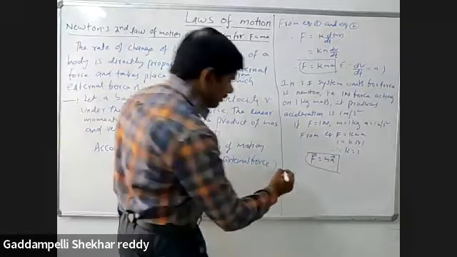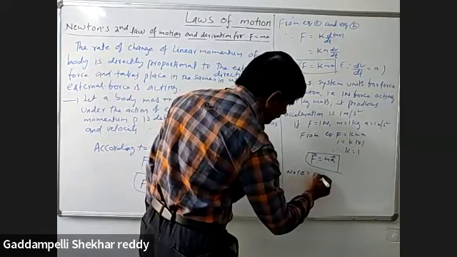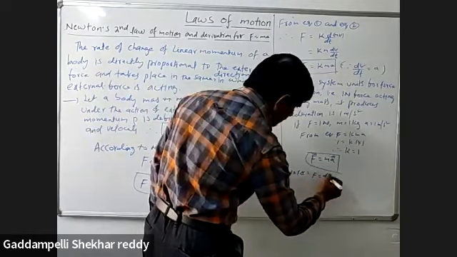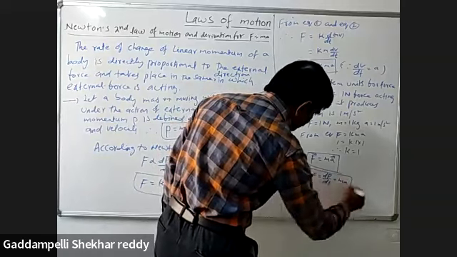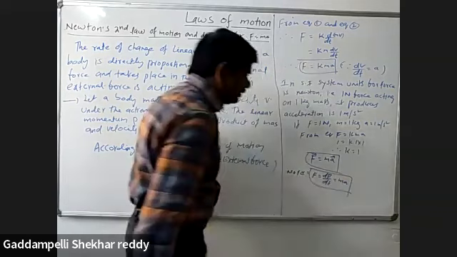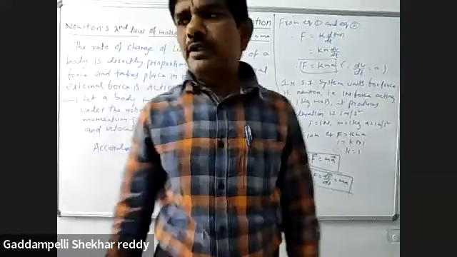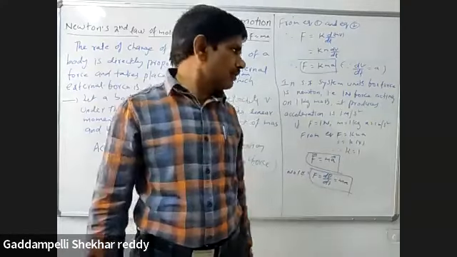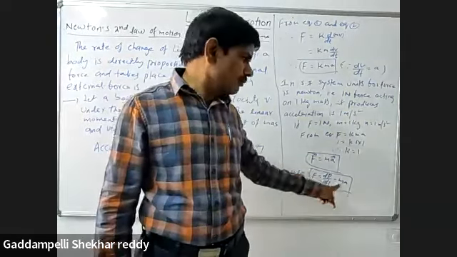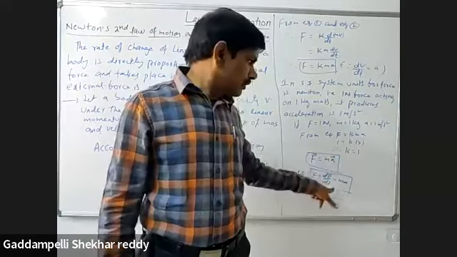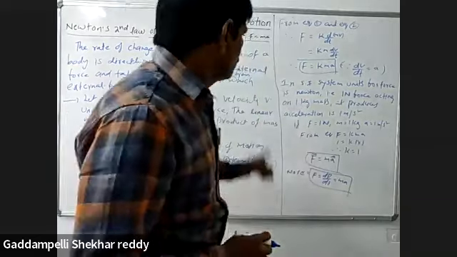Finally, you should remember, note: F is equal to dP by dt, that is equal to ma. This is important for board exams, the AP Telangana board exam, CBSE levels and other state boards, and also for solving problems.